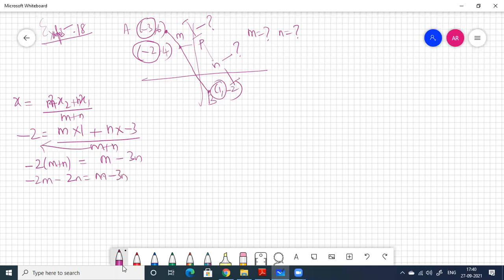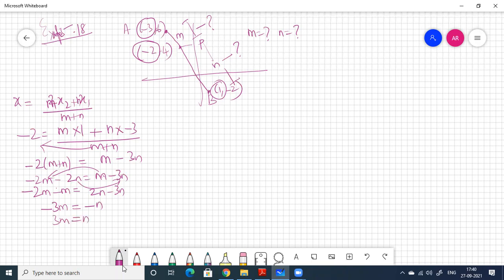Now take this m this side, and this n this side: -2m minus m is equal to 2n minus 3n. So -3m is equal to minus n, or 3m equals n, removing the minus on both sides.